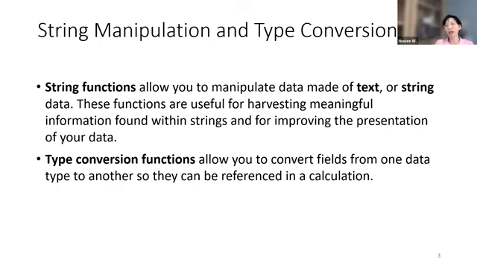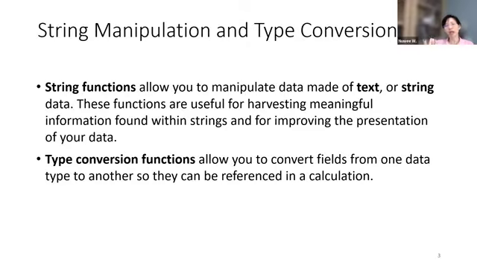String functions allow you to, of course, manipulate text, manipulate string data. So these functions are like in Python, Excel, right? It's useful for getting some information from your strings and to maybe help you improve the display or presentation of your data in your graph.